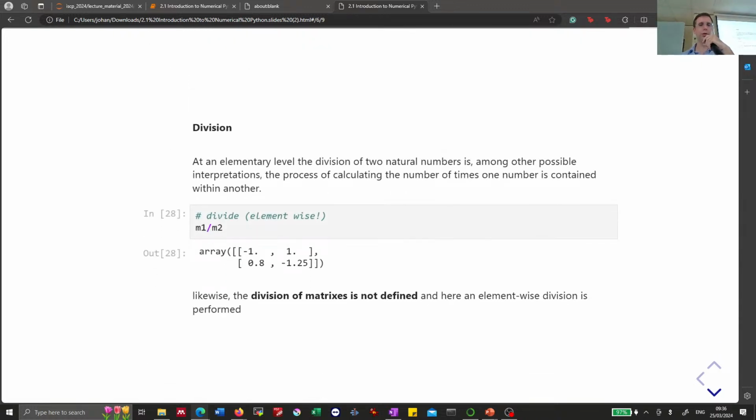So now division. Division again is not defined between vectors. It's not defined between two matrices. It's not defined between vector and matrix or matrix and vector. So don't do this. We normally multiply with the inverse of an object, but have you seen an inverse of a vector? No. But you've seen the inverse of a square matrix, right?